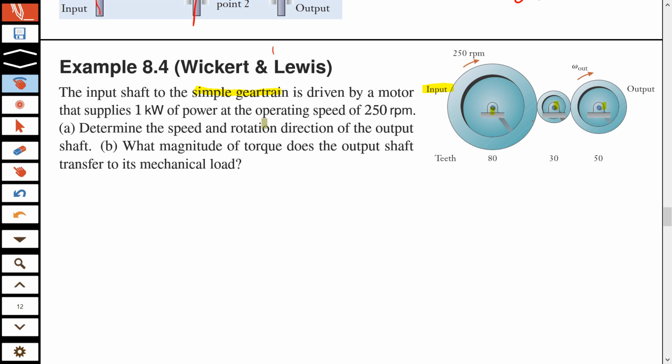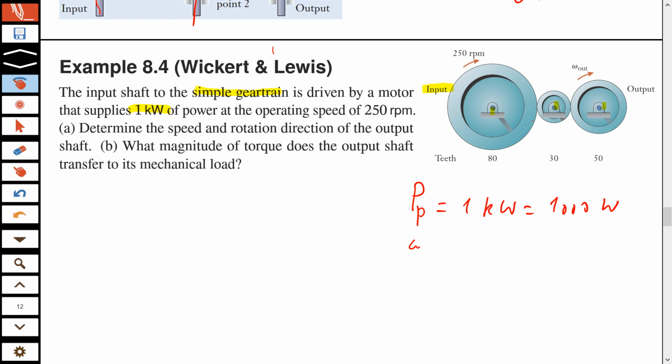Now the motor power is 1 kilowatt, which means that we are given P_P, P for the pinion. P_P is 1 kilowatt. You can also write it as 1000 watts if you want.